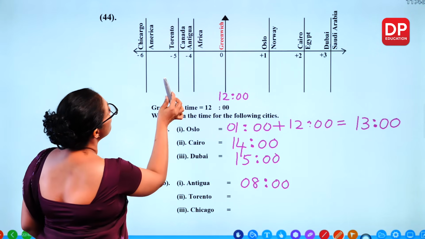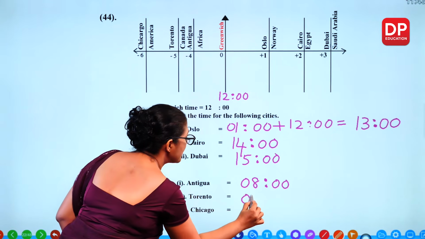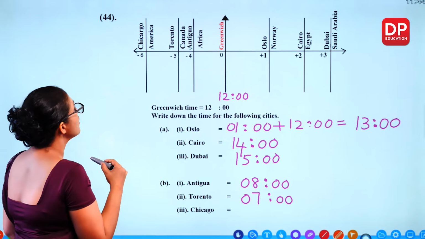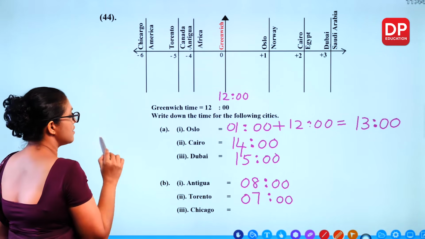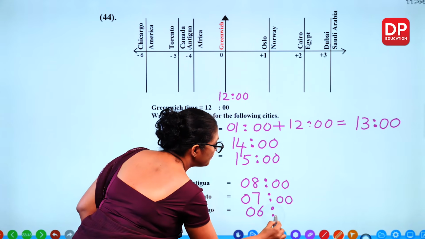Toronto, minus 5, subtract 5, you get 7 in the morning. And Chicago is minus 6, another 1 you have to subtract, that's 6 in the morning.